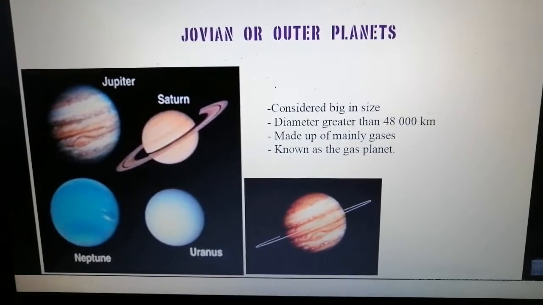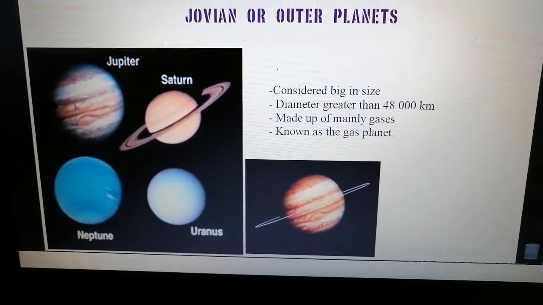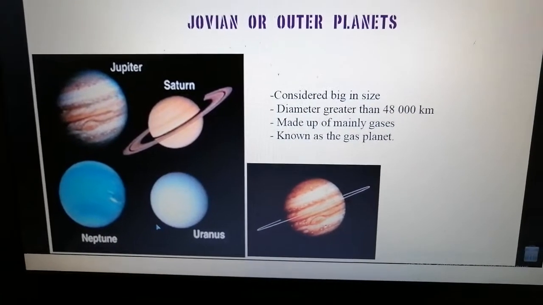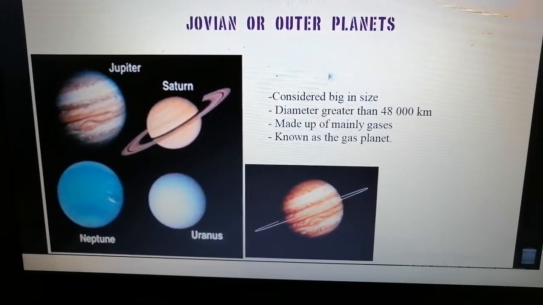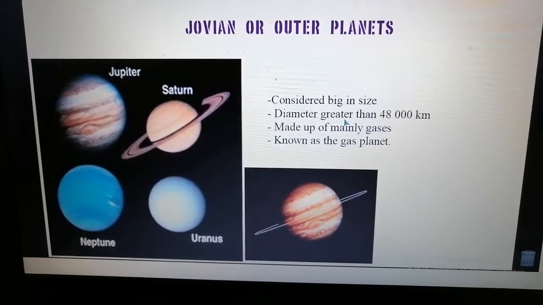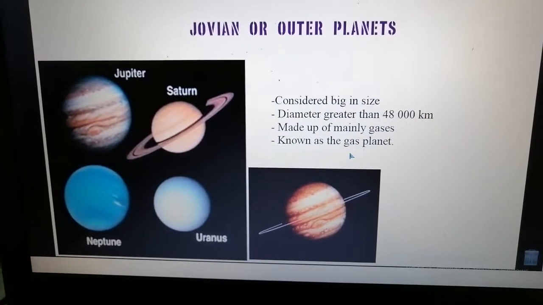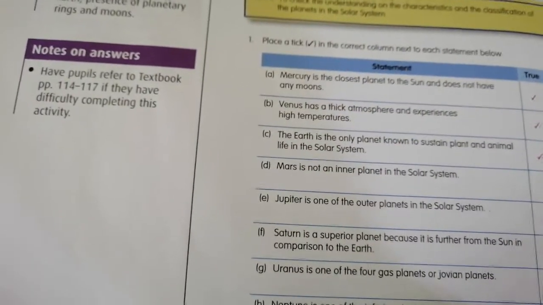Just draw these 4 outer planets, Jupiter, Saturn, Neptune and Uranus, and then write these notes: considered big in size, diameter greater than 48,000 km, made up of mainly gases, known as the gas planets.